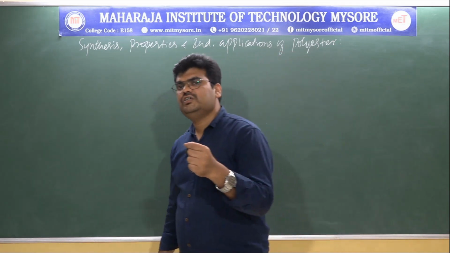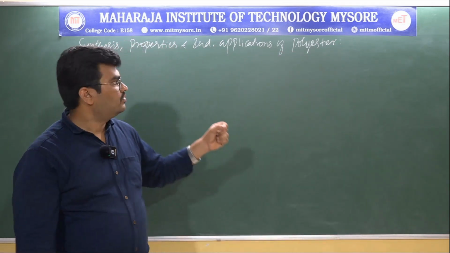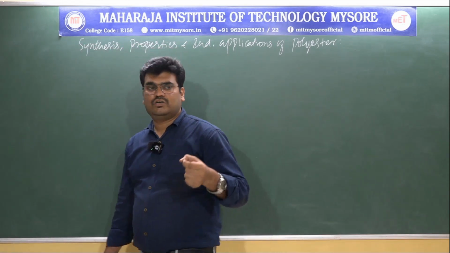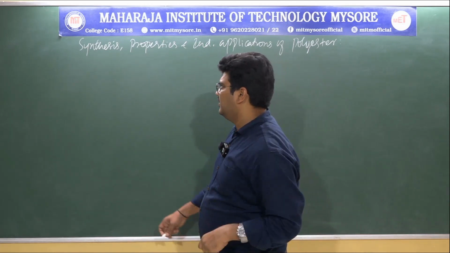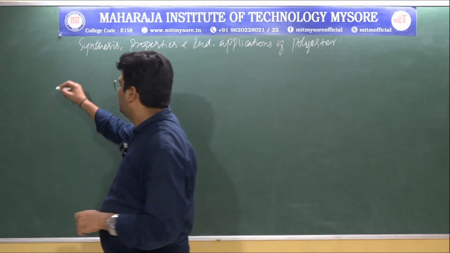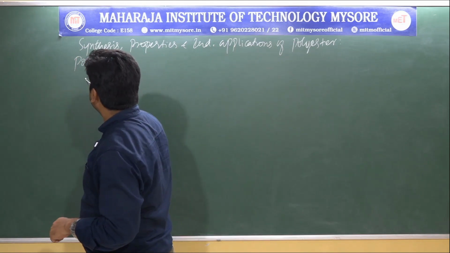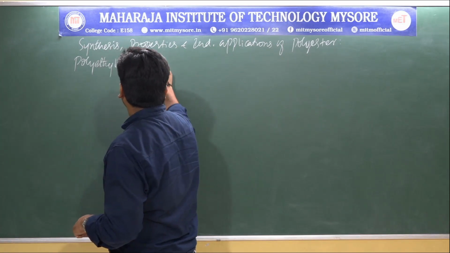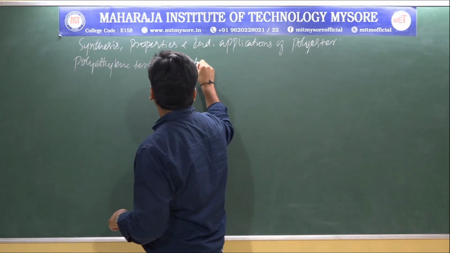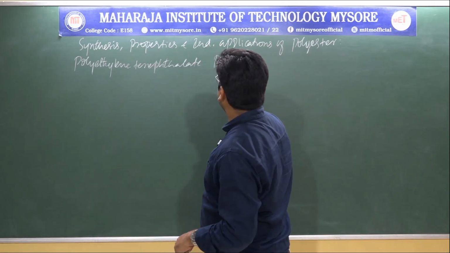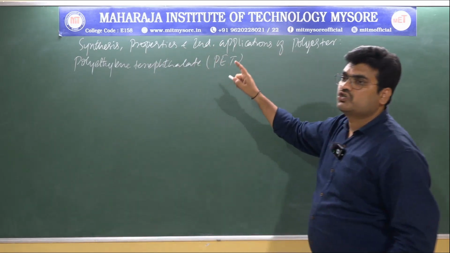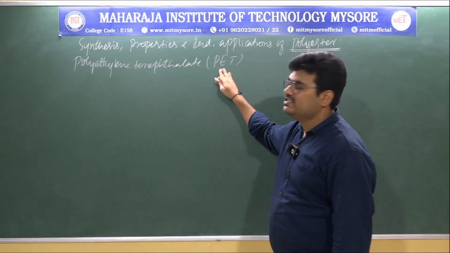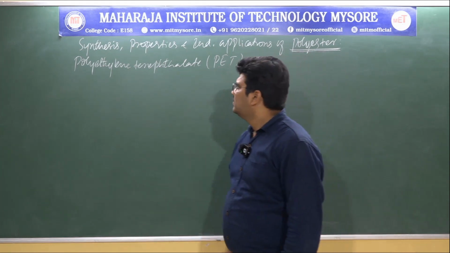The most widely used polyester fiber is formed by the linear polymer polyethylene terephthalate, in short called PET. It is the most commonly used polyester.